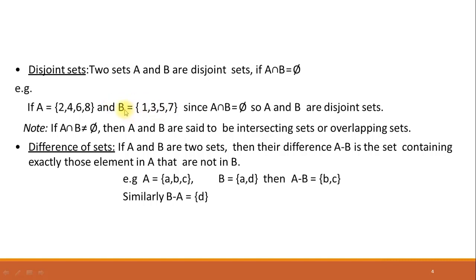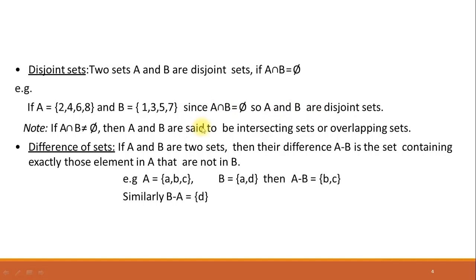Since there is no common element between A and B, the intersection of these two sets will be the empty set. So in this case, sets A and B are called disjoint sets.